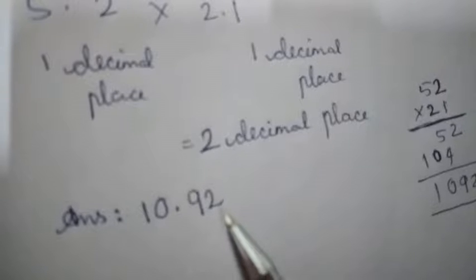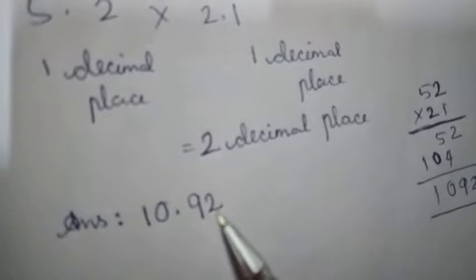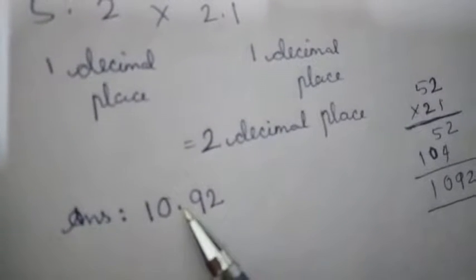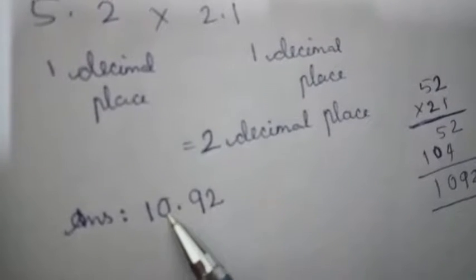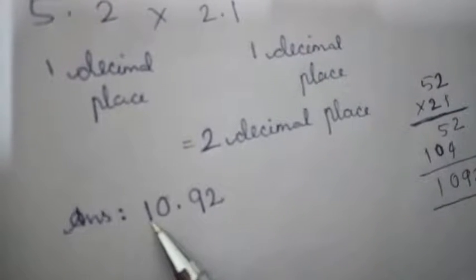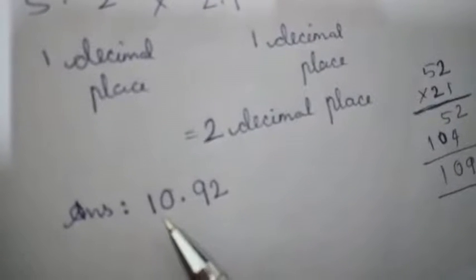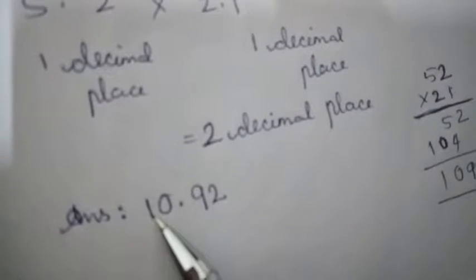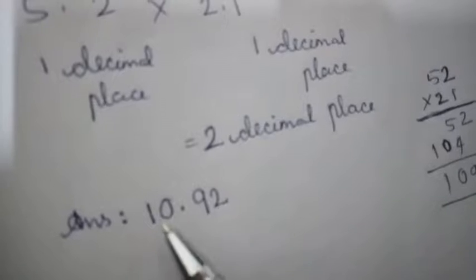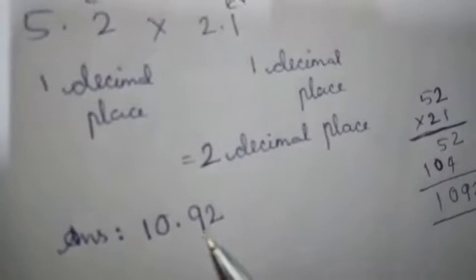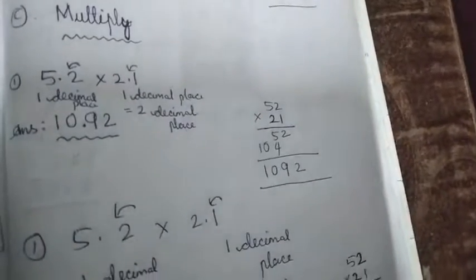So from the right side count 2 decimal places. 1, 2. So before 9 put the decimal point and write the rest of the numbers 0, 1. So when we read it, the answer is 10.92. This is for section C, multiply.